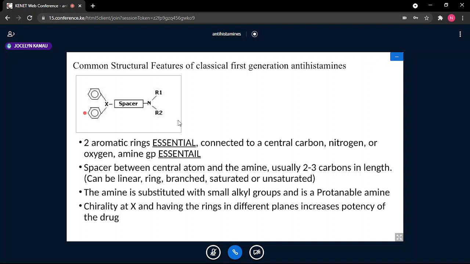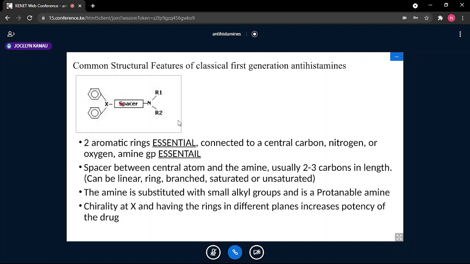So what have we said? We have said those aromatic rings must be there. They can be substituted or non-substituted. So they do not necessarily have to be benzene rings, but they can be substituted, as you see in some of the compounds. They can even be heterocyclic. One of these rings can be a heterocyclic ring, can be substituted with a chloro group, with a bromo group, with retention of activity.